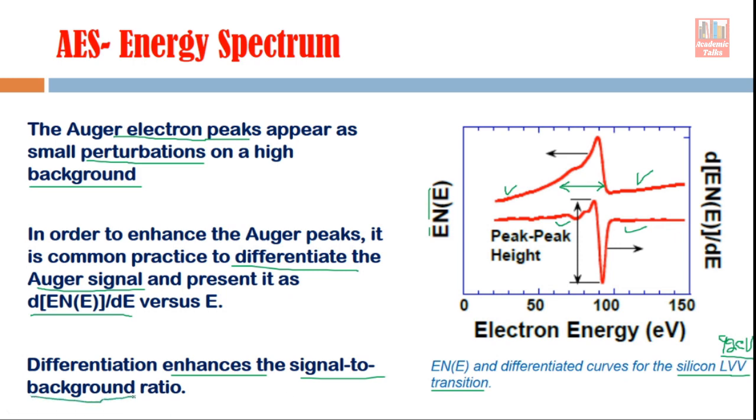So your background is suppressed and your main signal is enhanced, and from this curve you can see that it's easier to locate the energy of this peak, and it's about 92 electron volt, and so we can easily identify that this peak corresponds to the presence of silicon.